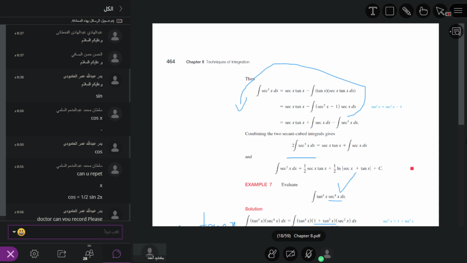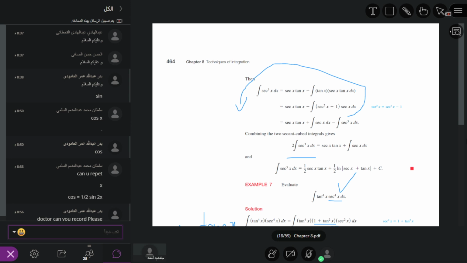It is u power 5 divided by 5. So what is the integral of u power 6? U power 7 divided by 7. So thus we replace u with tan. So we get tan power 5 over 5 plus tan power 7 over 7 plus constant.